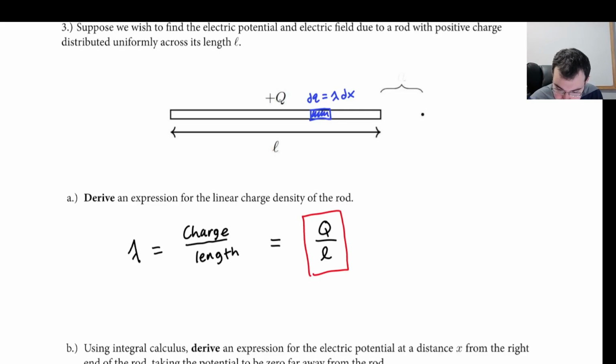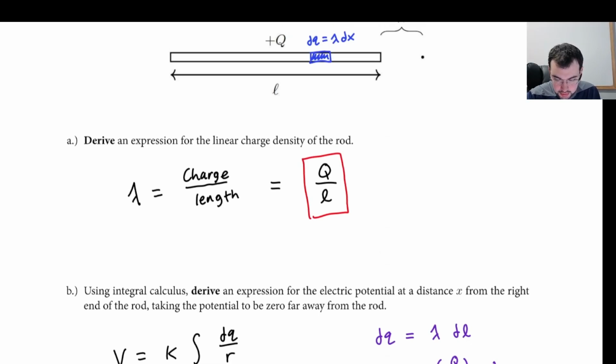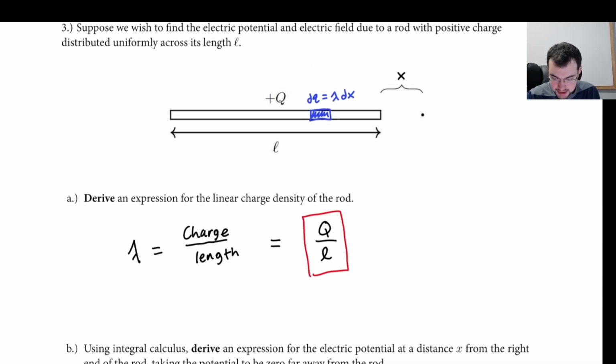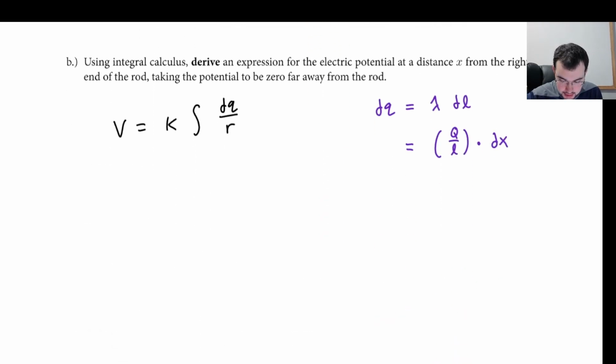Let's replace this and call this x. So we're looking for all of the different segment distances I need to take into account, because notice that this part isn't changing, since the Q over L is constant and the dx is constant. So all we have to deal with is figuring out the range of values we're going over.